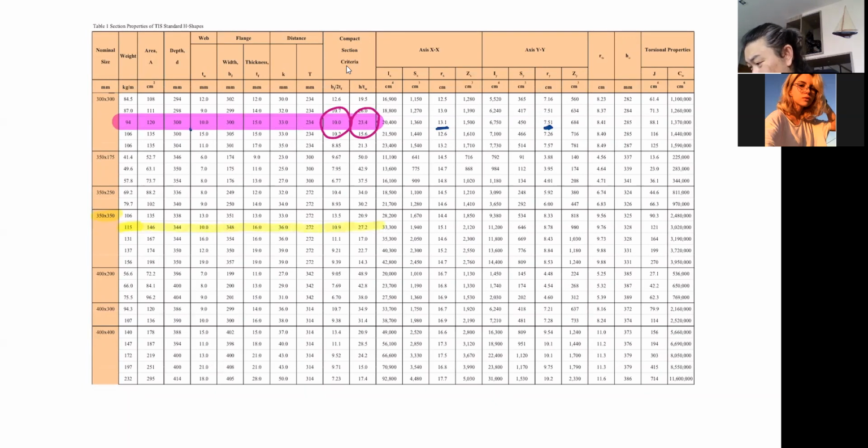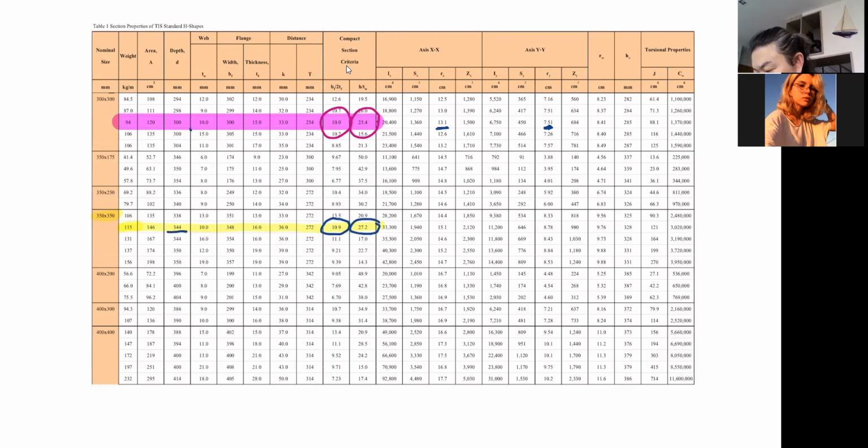You can also pick up the slenderness ratio of the flange and the web from this table as well, or you can calculate it yourself. Keep in mind that the nominal size is not the actual size. Look at the depth of the section. It's 344, it's not 350.